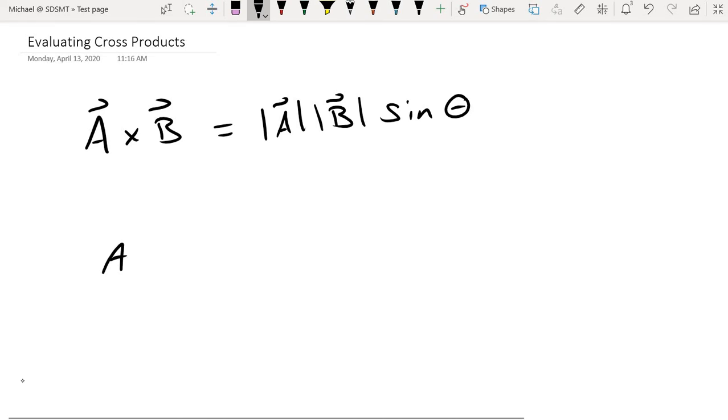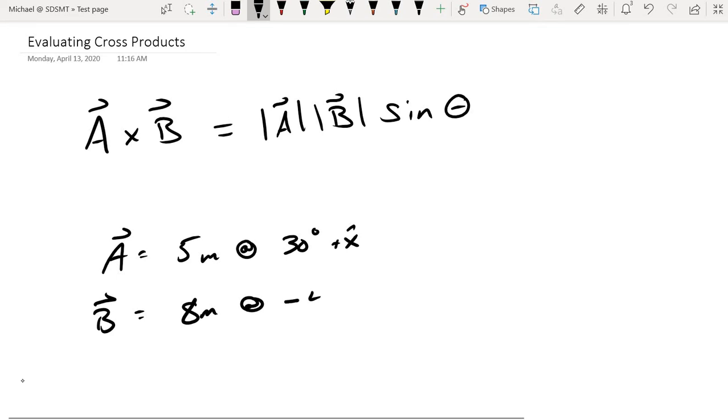And so if I had vector A, which was 5 meters at 30 degrees with respect to the positive x-axis, and vector B was 8 meters at negative 45 degrees with respect to the x-axis, then the way that we could evaluate this cross product would be to take the magnitude of each vector times the sine of the angle that exists between them.